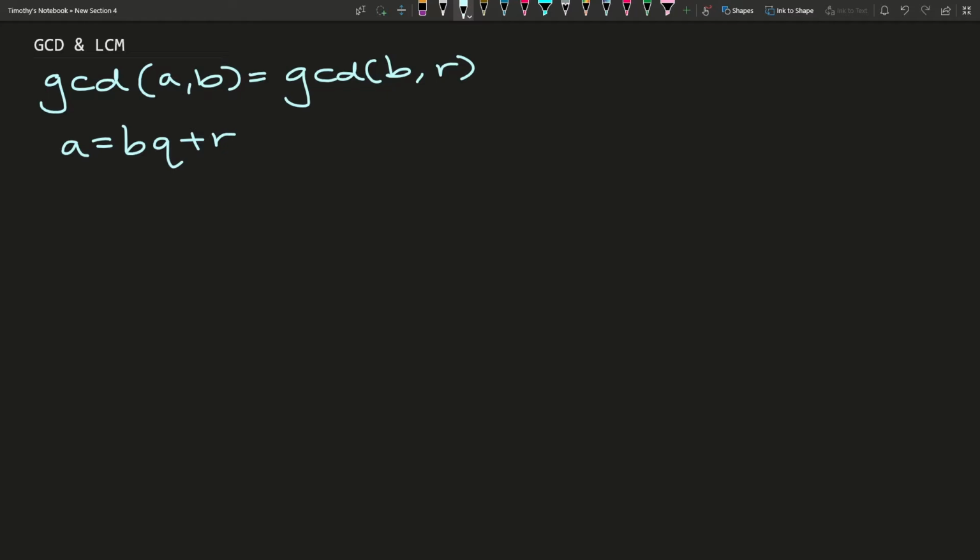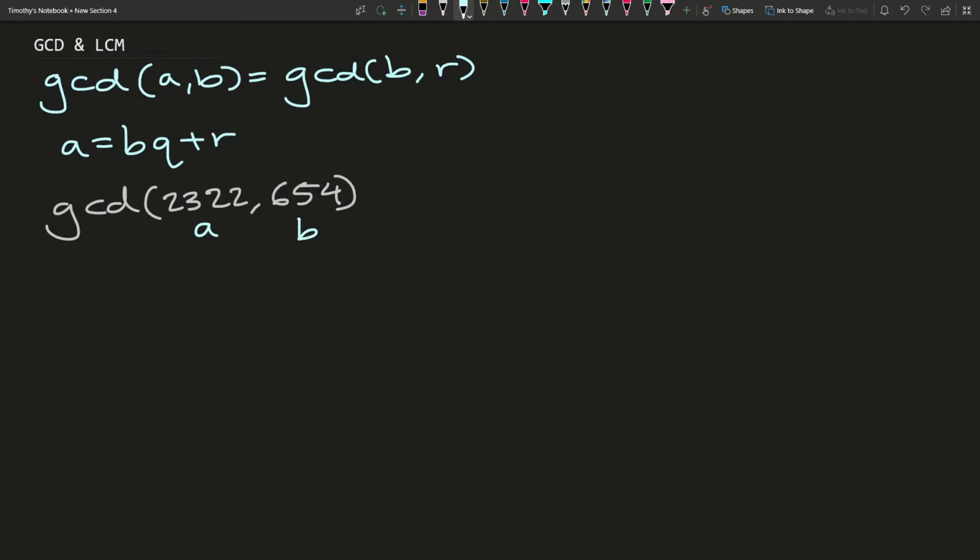Let's take a pretty large example: what is the GCD of 2,322 and 654? In this case, this is going to be my A, and this right here is going to be my B.